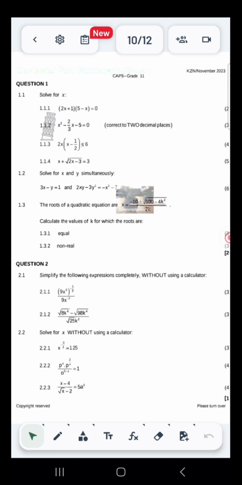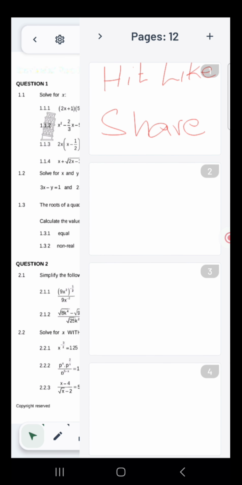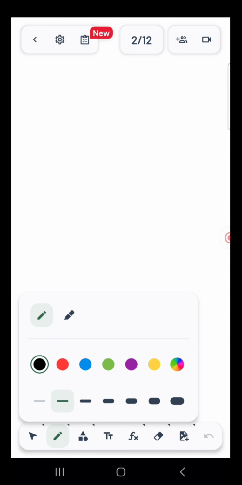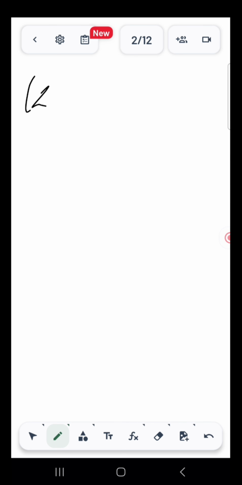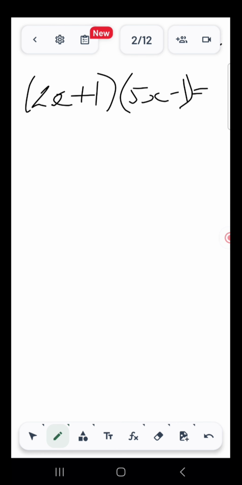Okay, again. Now, if you look at this question 1.1.1, solve for x. Say open bracket 2x plus 1 close bracket, open bracket 5 minus x close bracket equals 0.